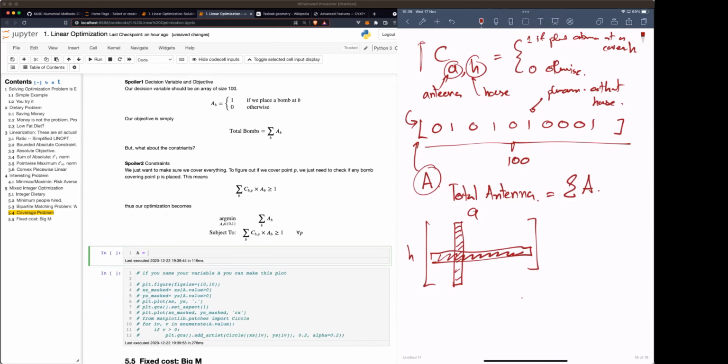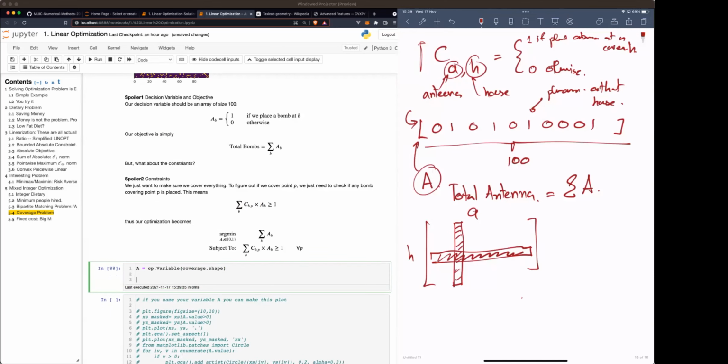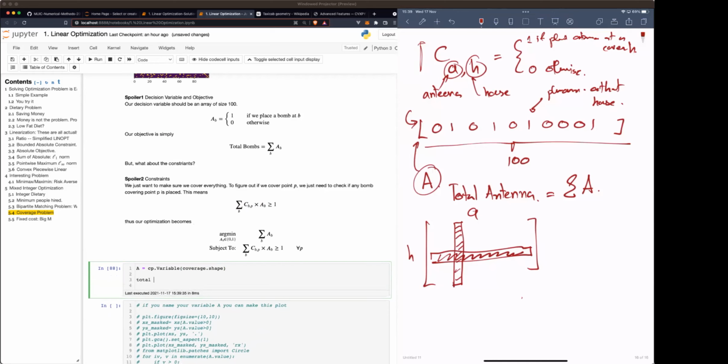So A is going to be CP dot variable, and it's called coverage, the same thing as coverage dot shape. So A is CP dot variable with coverage dot shape. And all I need to do is my objective, total antenna, which is CP dot sum of A. And then the thing over here, I think it's matrix multiplication.